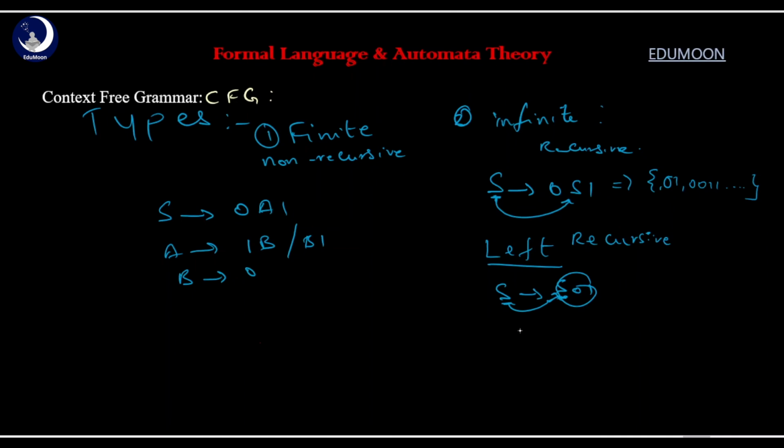And if it is a right recursion, you can see that S tends to 01S, here the symbol is repeated at the end of the production rule, so that is called right recursion. And this is the general recursion where the symbol is in the middle. So these are some types of grammars which generate finite or infinite strings.